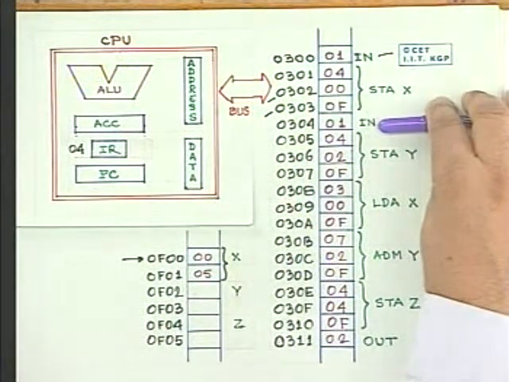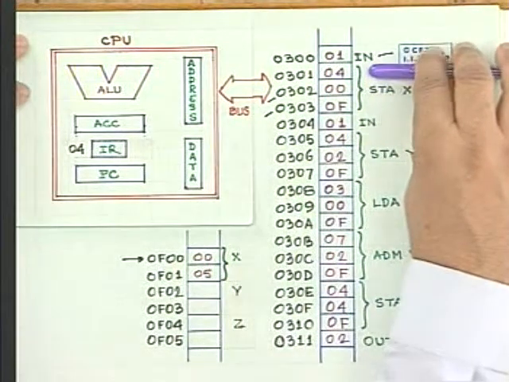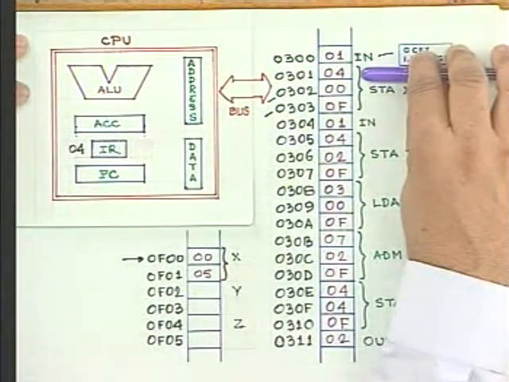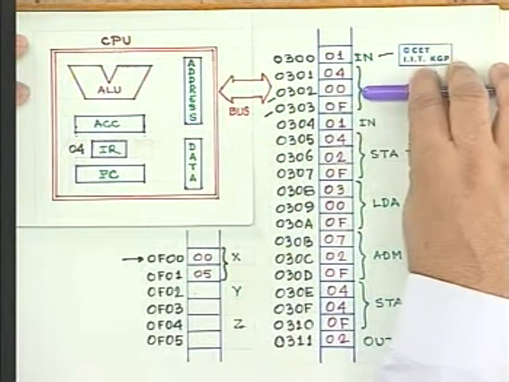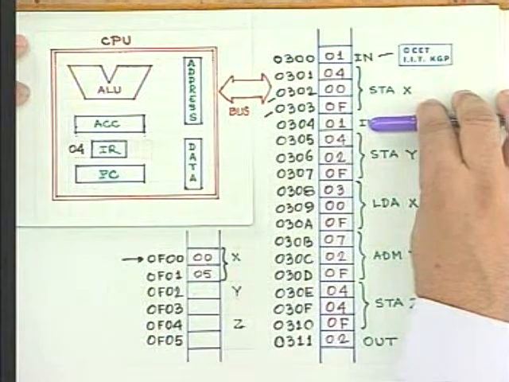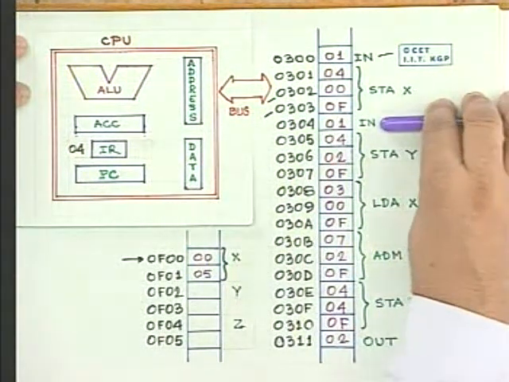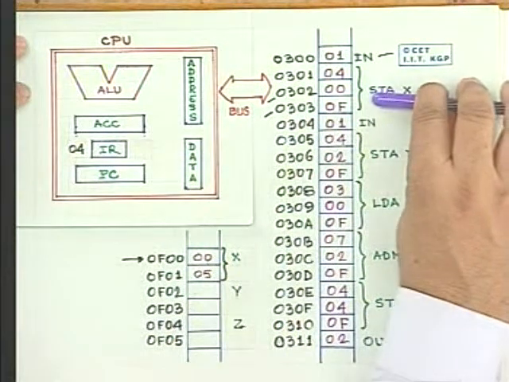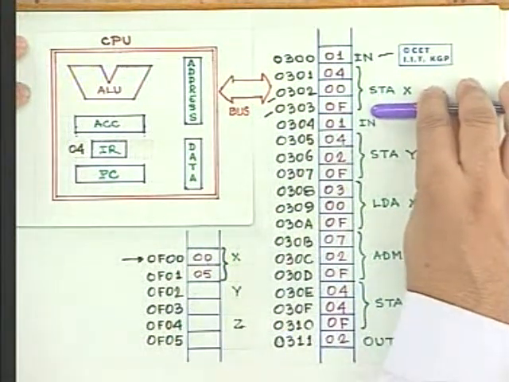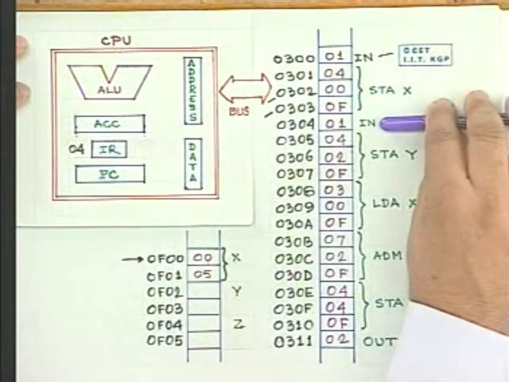Let me just clarify once more here that as an instruction is executed, the program counter is automatically incremented 1 byte at a time, so that at the end of execution of an instruction, the program counter now points to the next instruction that will be executed, which means that after the store accumulator X instruction is executed, the program counter will automatically be pointing to IN.